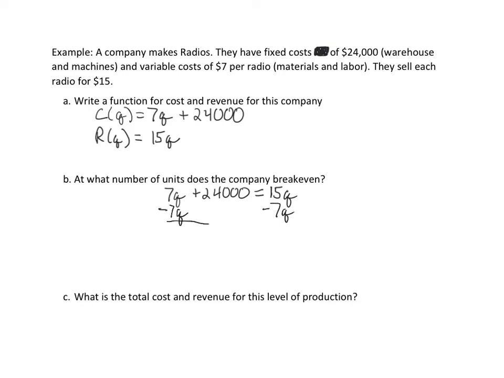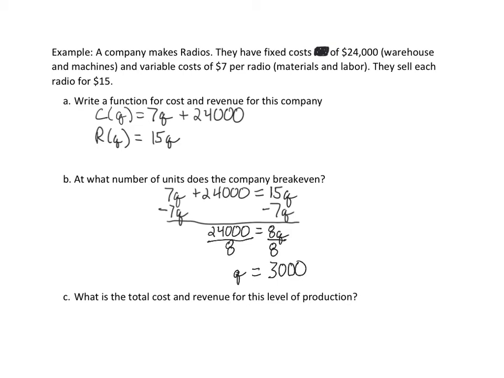And I'm choosing to move it that way because what that allows me to do is keep the Q numbers positive. So 24,000 equals 8Q. And if we divide by 8, we get Q equals 3,000. What that is telling us is the company needs to sell 3,000 items to at least break even.